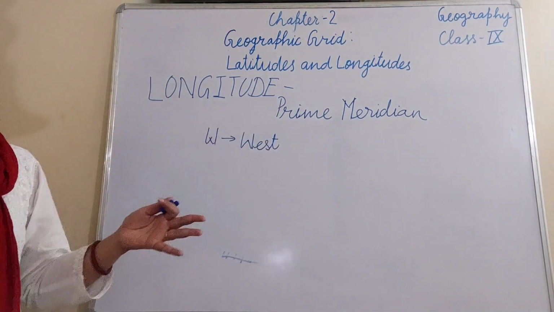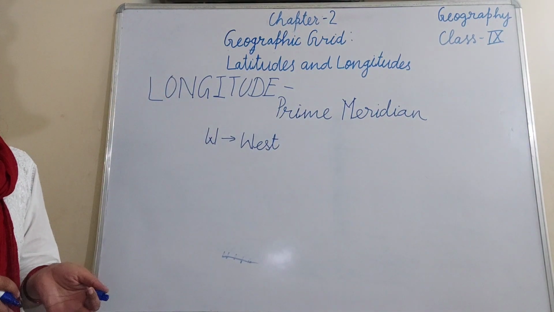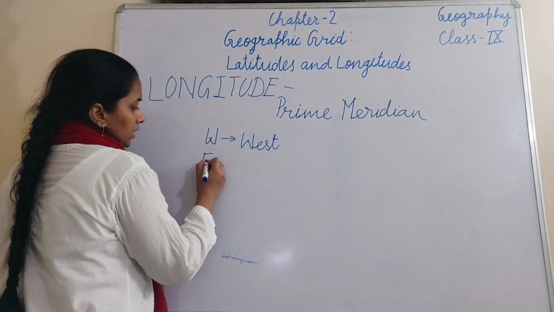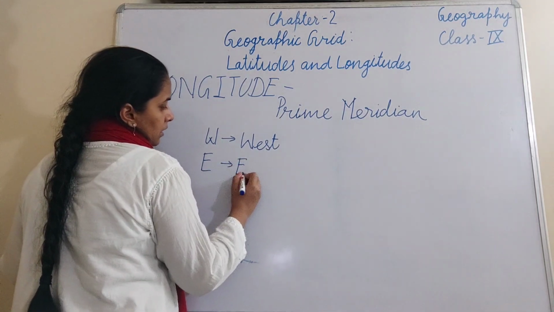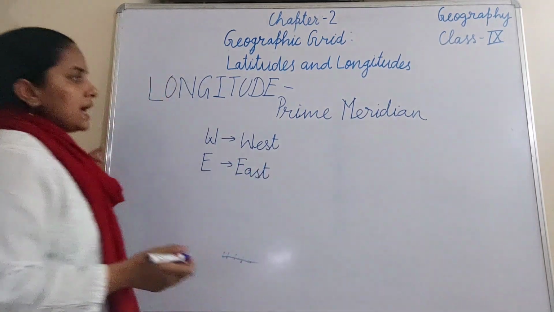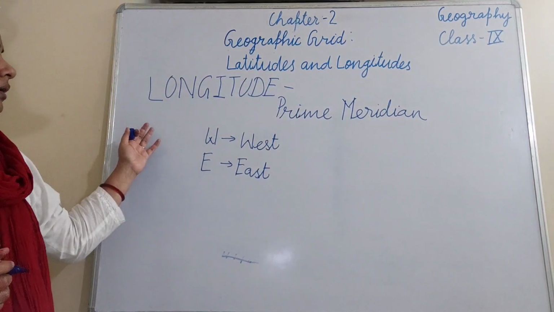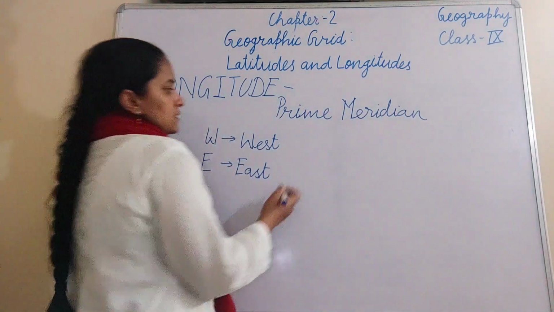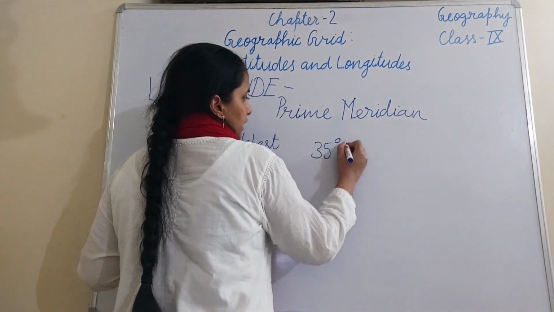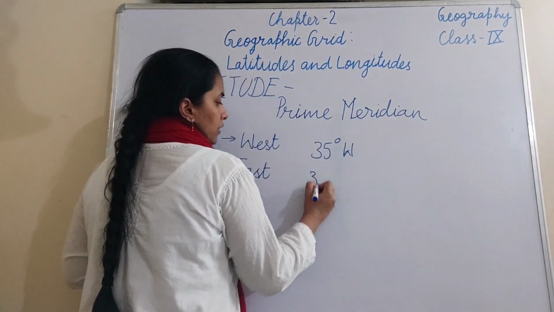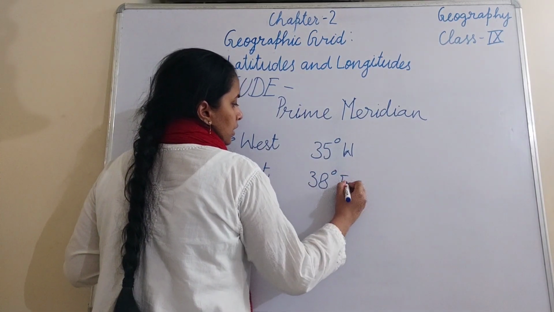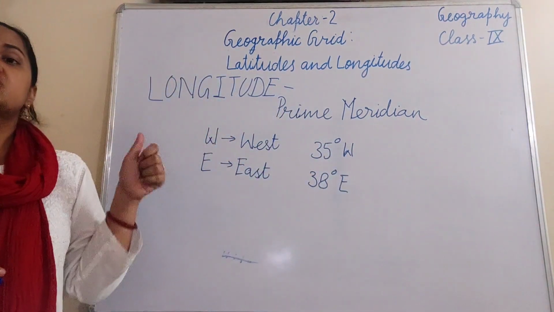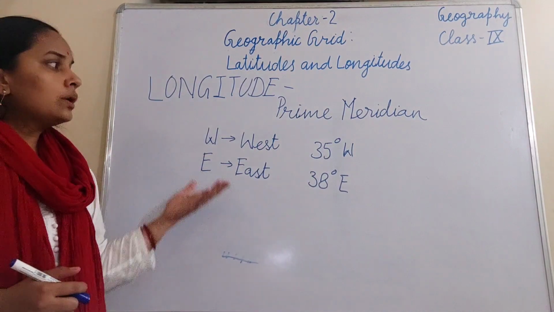And all the lines which lie east of the prime meridian are suffixed with E. That means east. So as we wrote north and south in case of latitudes, here we will write east or west. Suppose 35 degree west or 38 degree east. In this way, we will write the location of a particular place.